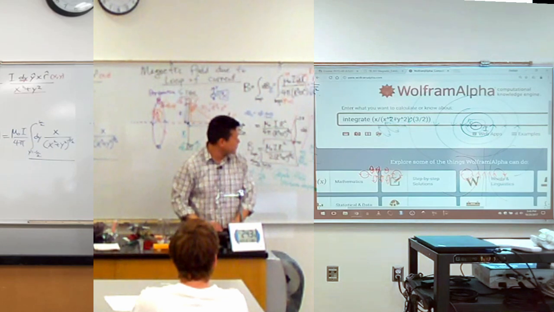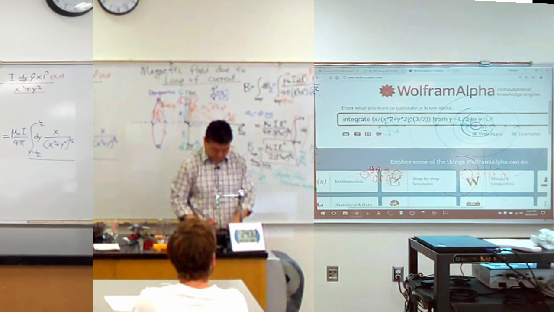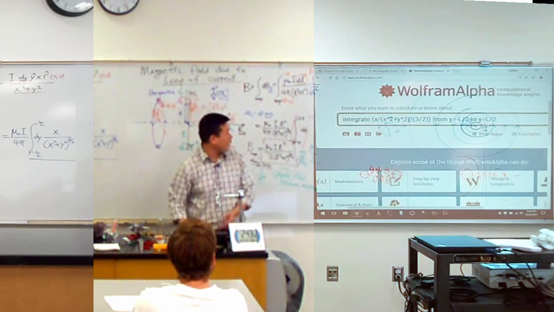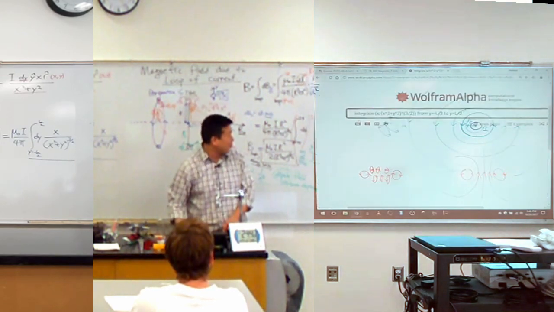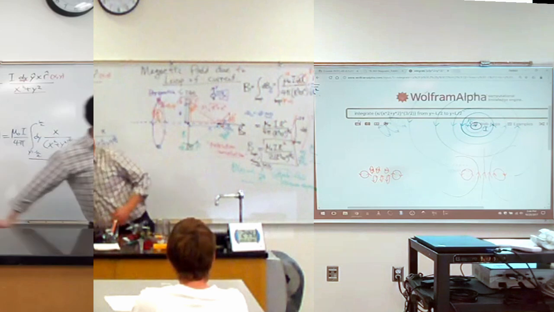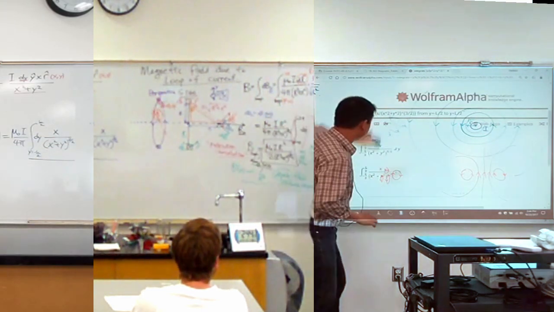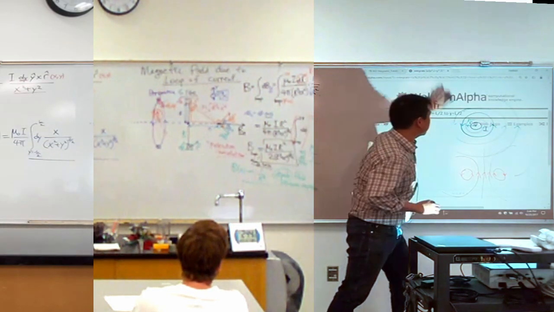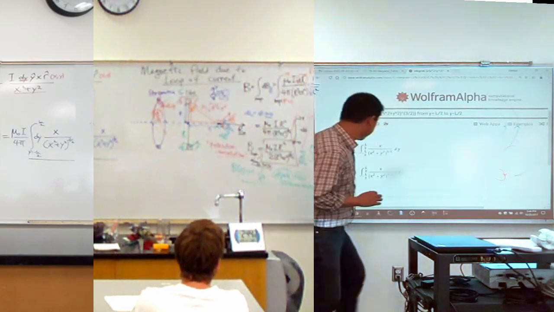Okay, close the parenthesis. I guess I can say one more thing. From y equals minus L over 2 to y equals L over 2. This will also tell Wolfram Alpha that y is my variable of integration, I hope. Wolfram Alpha usually tells you how it interpreted your input. So you should check it to make sure it correctly understood what you're asking.